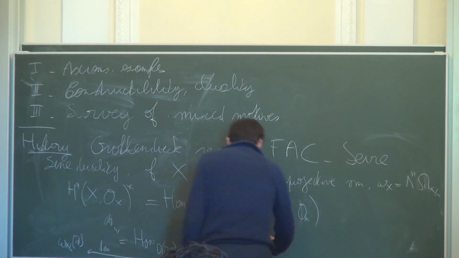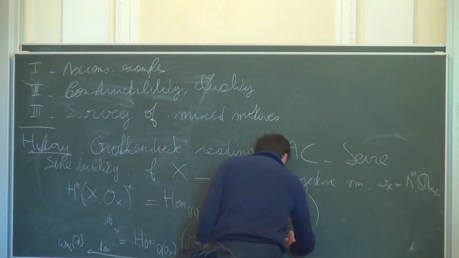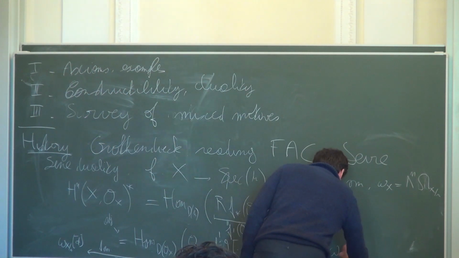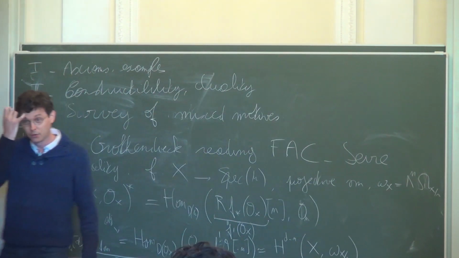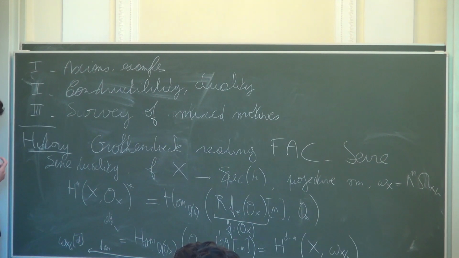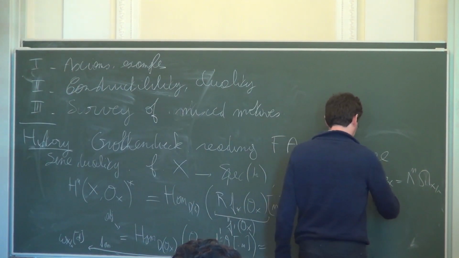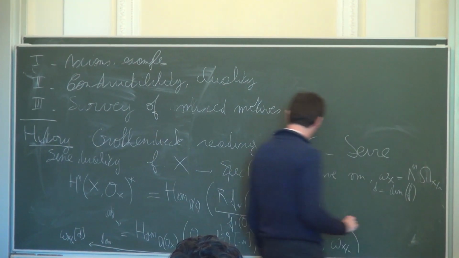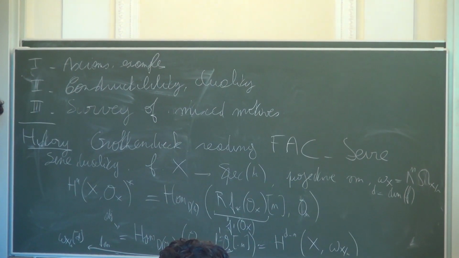In the end, you get the cohomology H^{d-n} of X with coefficients in the so-called dualizing sheaf. Here d is the dimension of f. Assume X is connected, so the dimension is constant.